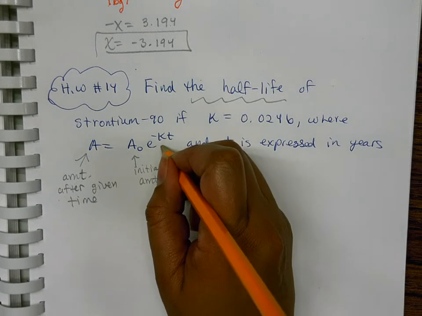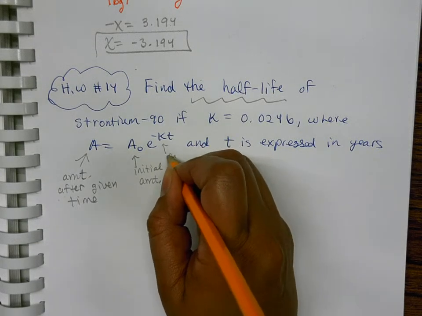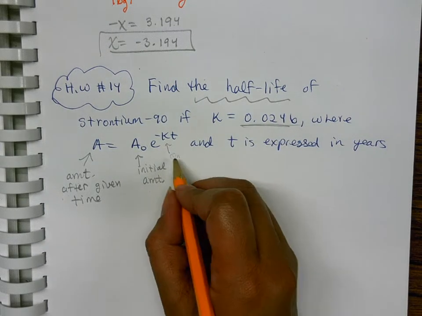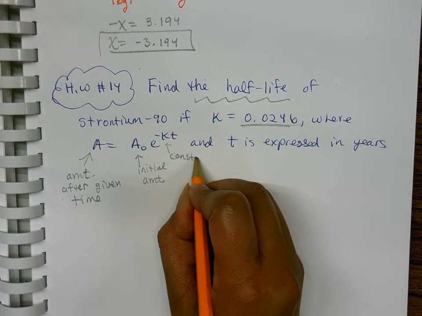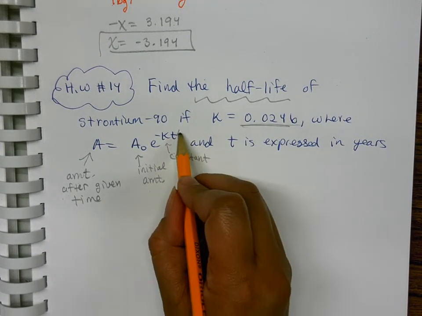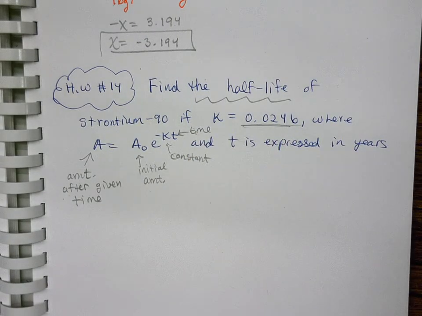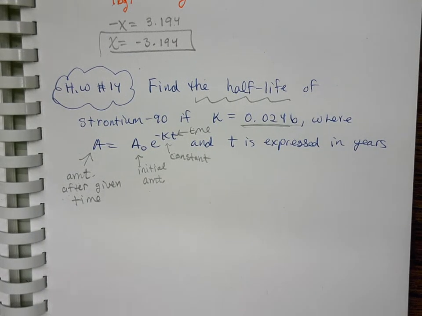E is 2.718. It's a number in your calculator. K is a constant. In this case, they gave it to us. It's right there. And what is T? T is time. In this case, it is in years.